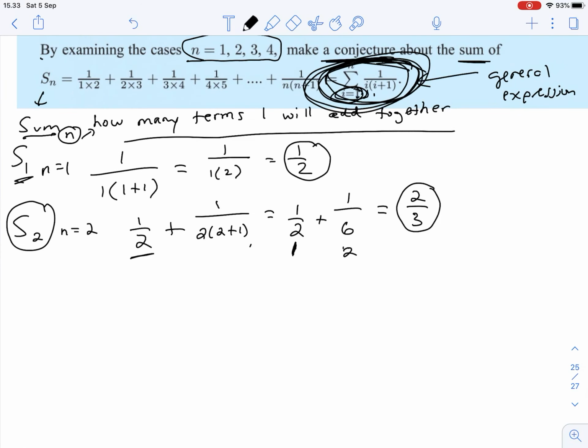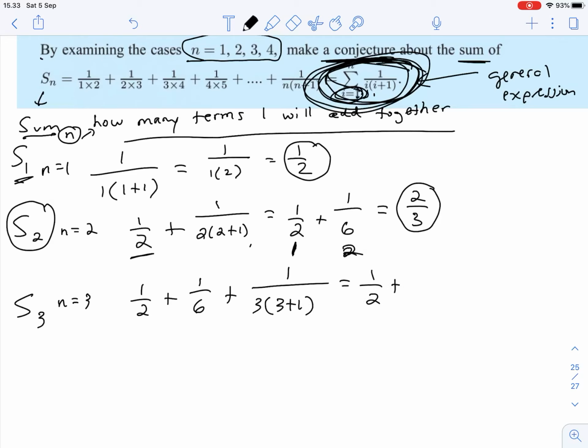So I have my first term, my second term. So I need the sum of my first three terms. So n is equal to 3. So I'm just going to rewrite this again. So my first term was 1/2 plus my second term was 1/6. And now my third term is 1 over, this time I'm using 3, my third term. And you get 1 over 2 plus 1 over 6 plus 1 over 12. So this sums to 3 over 4.